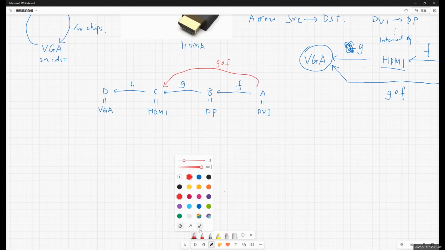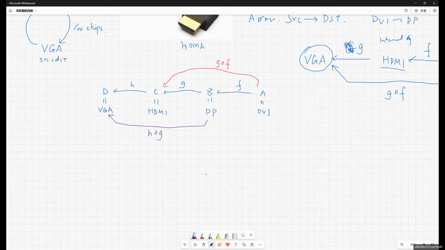And the other composition is from DP to VGA, compositing H circle G. Then consider the paths from DVI to HDMI, and finally to VGA. We have this one. This one can be written down as HGF.